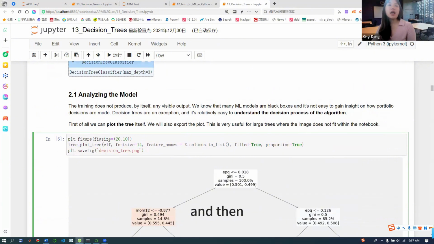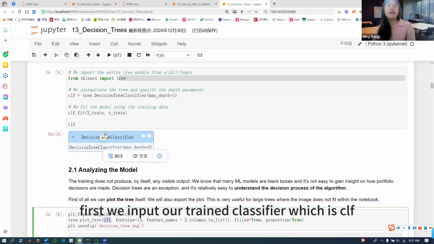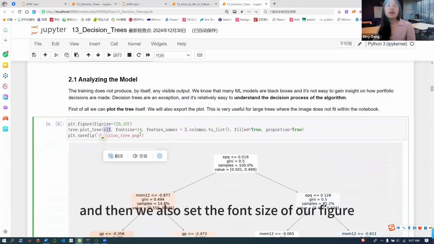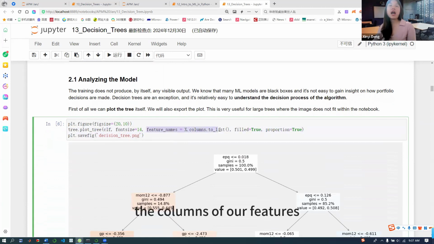Inside the function, first we input our trained classifier, which is CLF. And then we also set the font size of our figure, and we specify the feature names as the columns of our features.